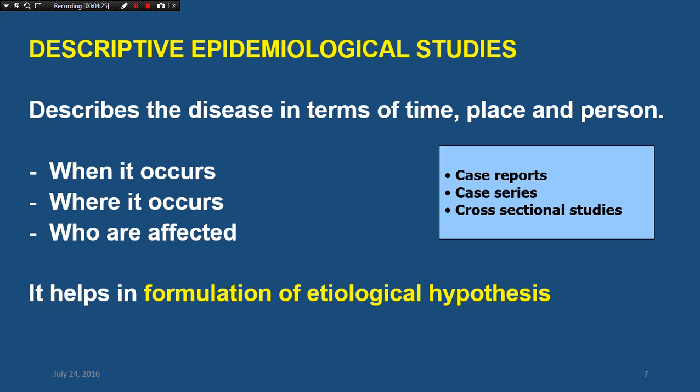Case reports means one single case, a detailed description of that case, showing the management and all the investigative findings. Case series means a group of cases, describing the group of cases. Cross-sectional studies are prevalence studies. We will see in detail today.